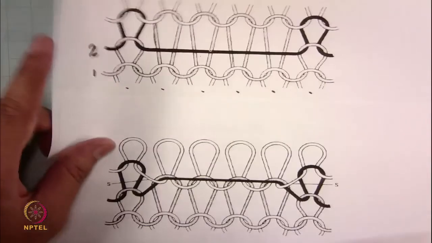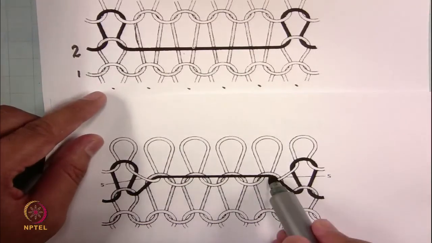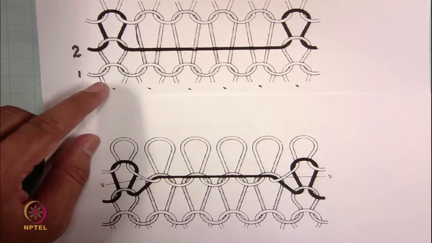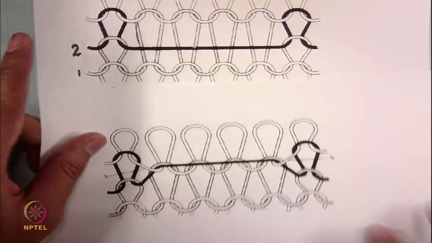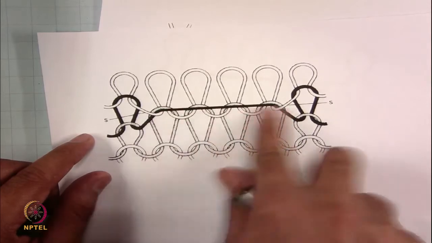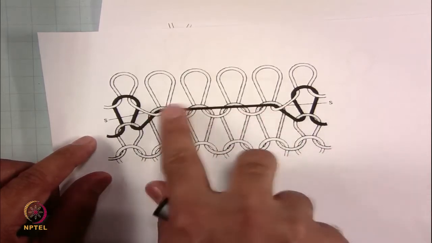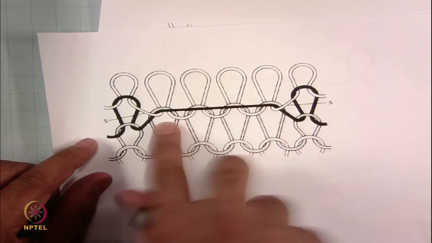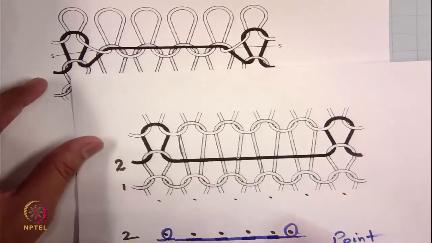So, naturally it means at these points the needles are holding two loops. If you remember in tuck, clearing does not happen. So, the old loop does not clear and it catches the yarn. So, these 4 needles at these locations actually catch the yarn. So, that is why all these 4 needles are making tuck, which is different from this one.